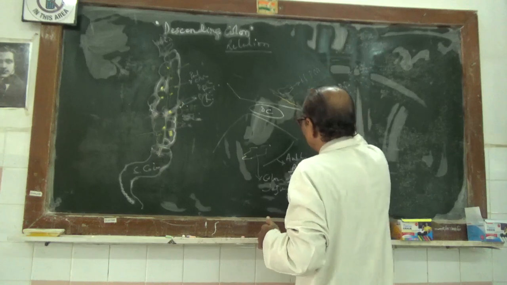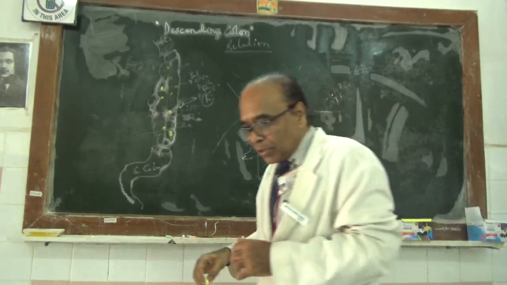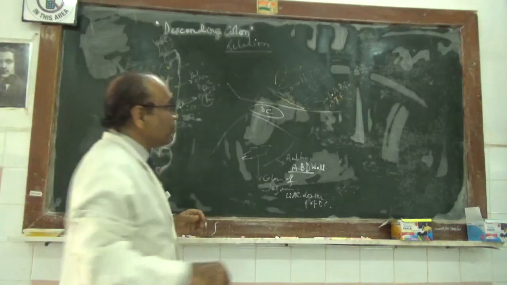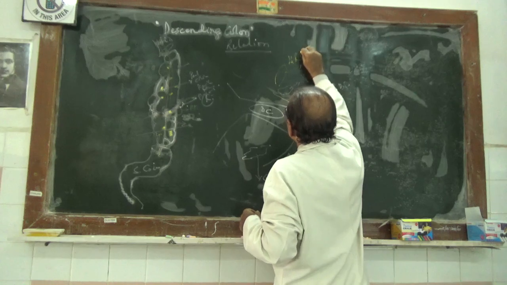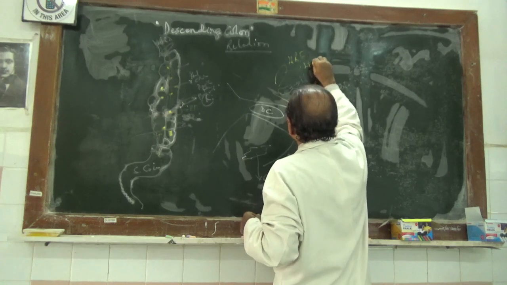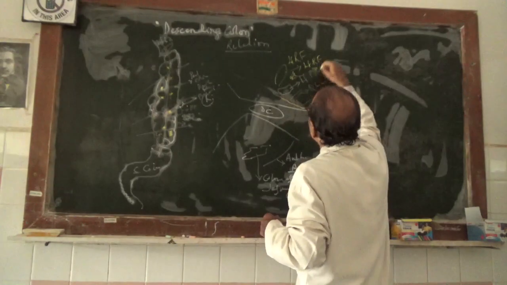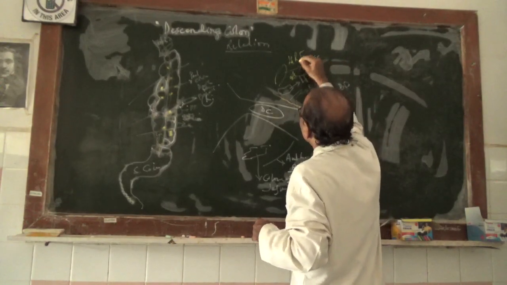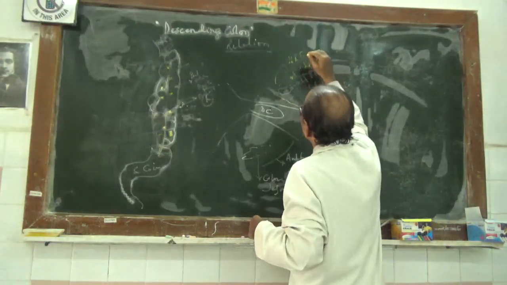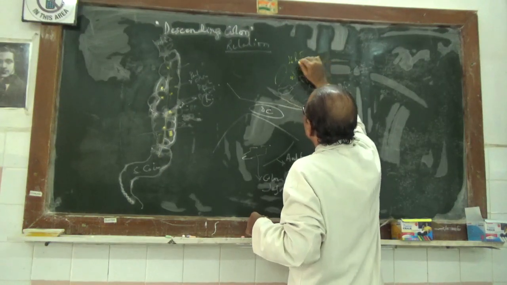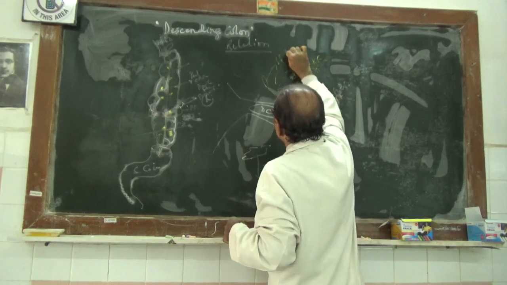Then you will have here the left renal fascia, left renal fat. This is the left renal fat. This is the left renal fascia. This is the left kidney.